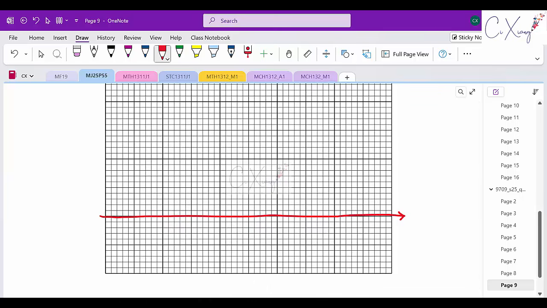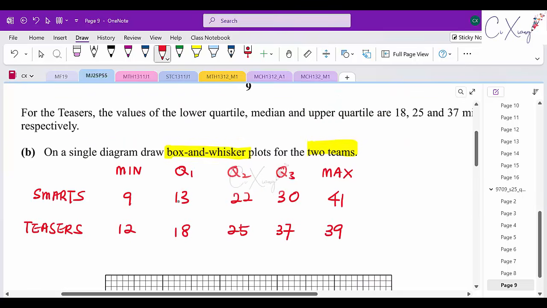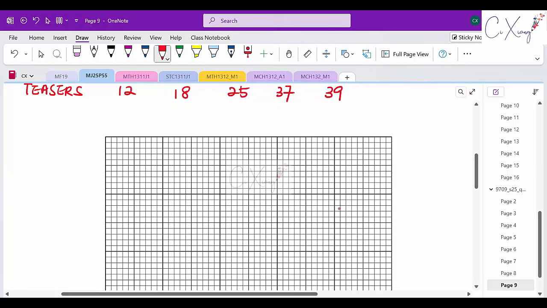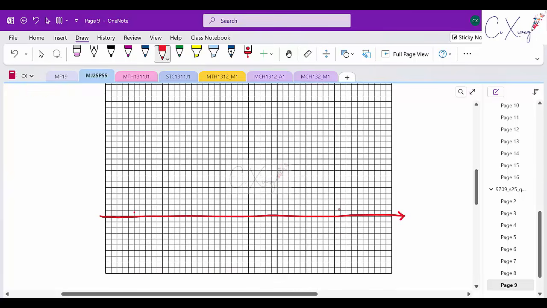If you observe all the values here, basically you can see the smallest value is 9, the largest value is 41. Then I just need to make sure that my scale can fit in all the values. So I start from here, 0, 10, 20, 30, then 40. So 41 is just one box after this, so it should be enough, right? Okay, then we will label it as time in minutes.